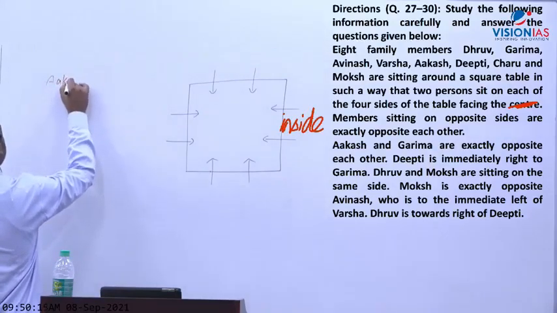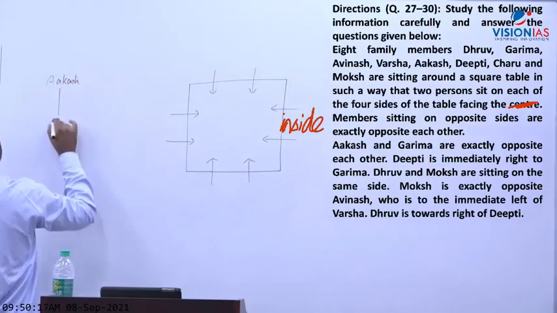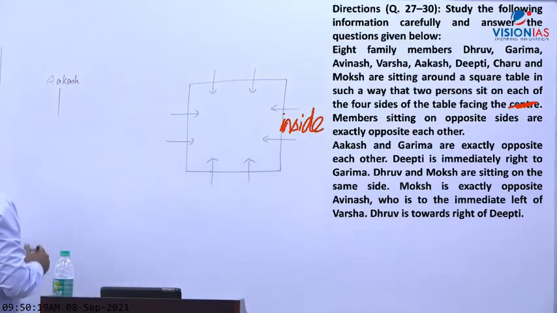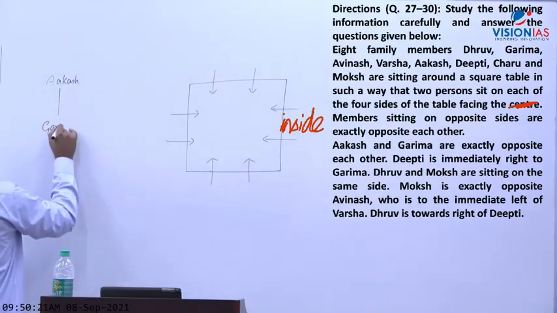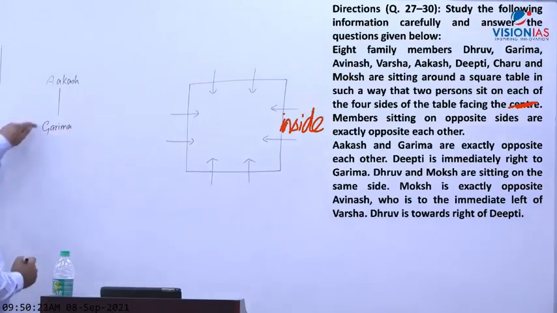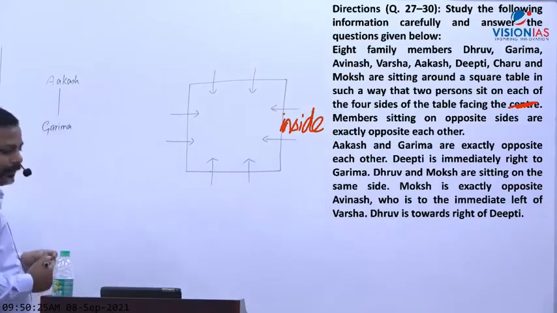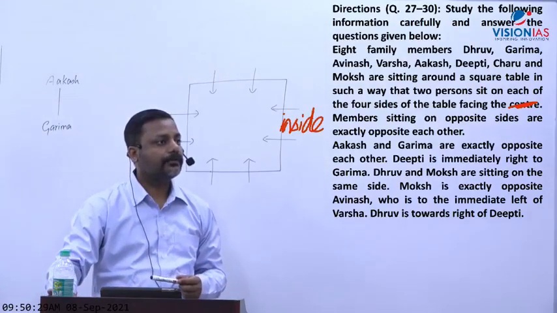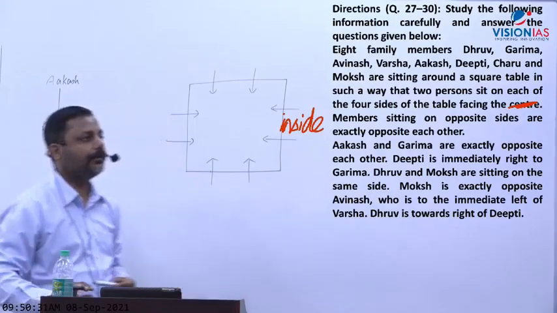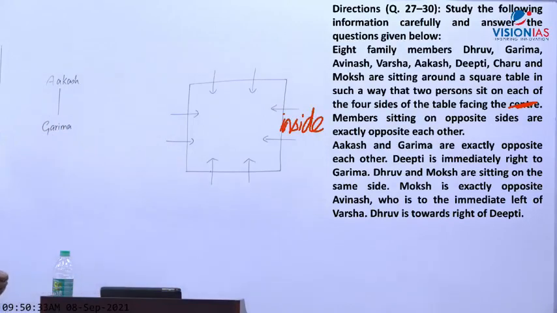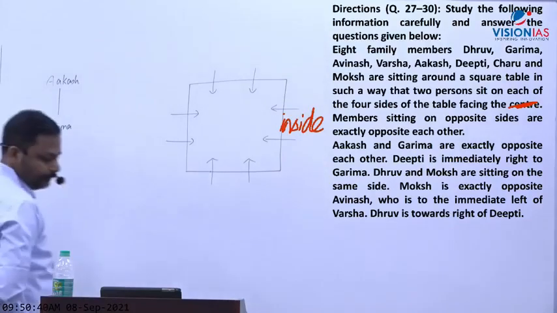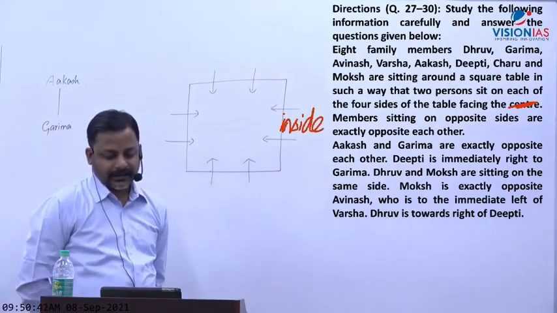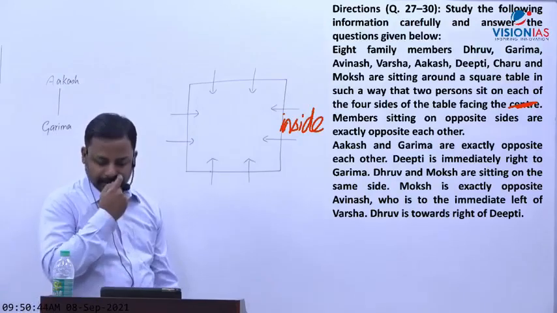For making the short notes of this particular set of information, we will try to put Akash and Garima like this in front of each other. So Akash and Garima are sitting exactly opposite to each other.